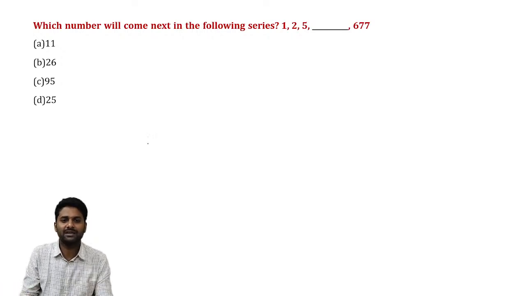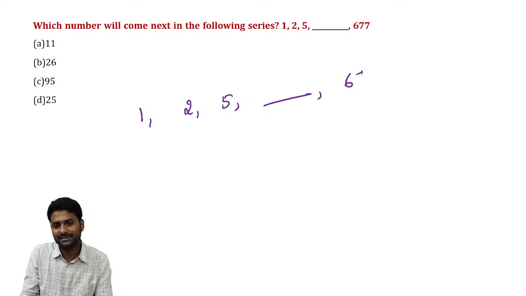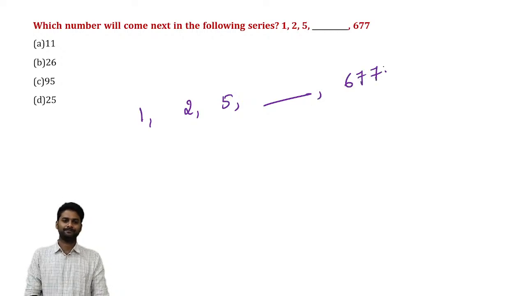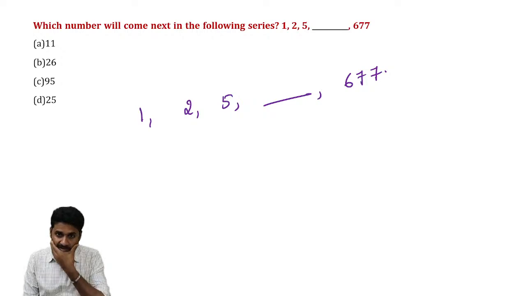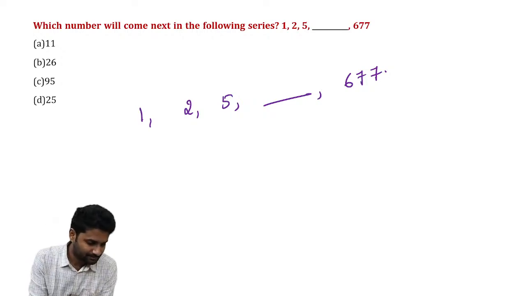Now see which number will come next. 1, 2, 5, dash, 677. So what can be the next number?